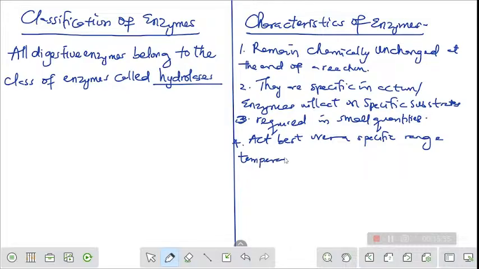Another thing is that because most of them are protein, they are denatured. What we mean by denatured is that they are destroyed. They don't have that nature again.